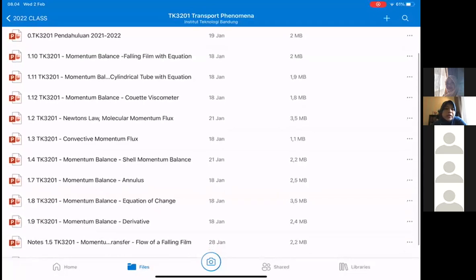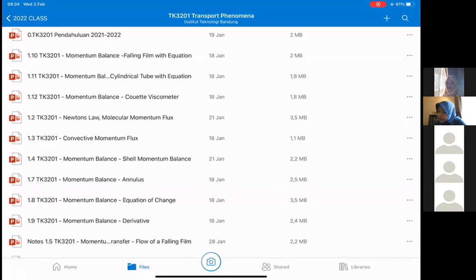After that I'm going to open 1.7 about the momentum balance of annulus, then the momentum balance for the equation of change, and then we will continue on Friday on the momentum balance derivation.